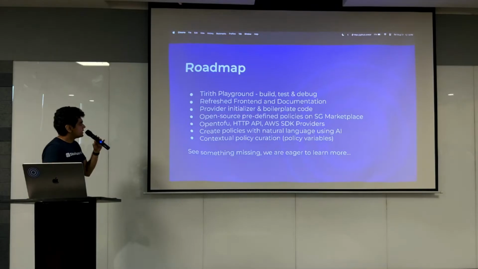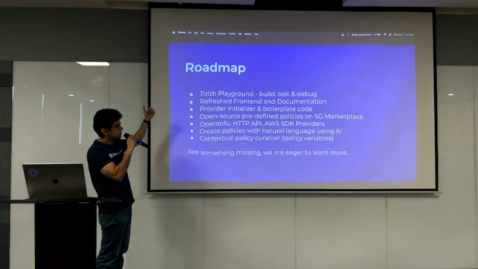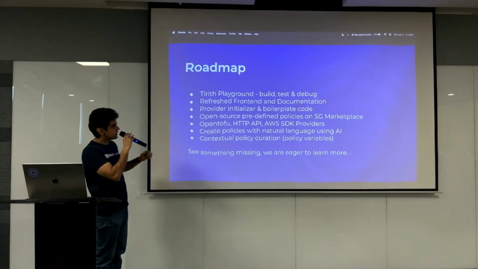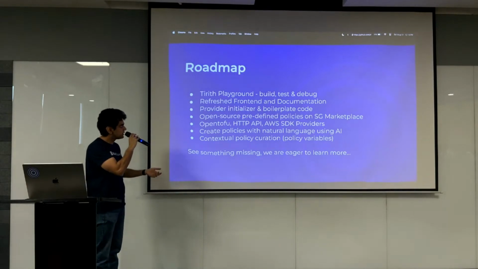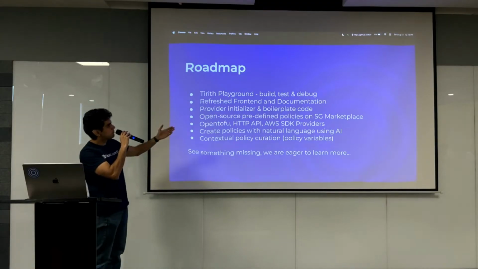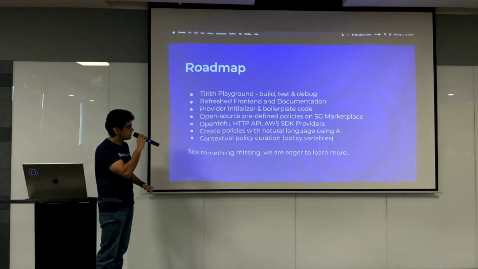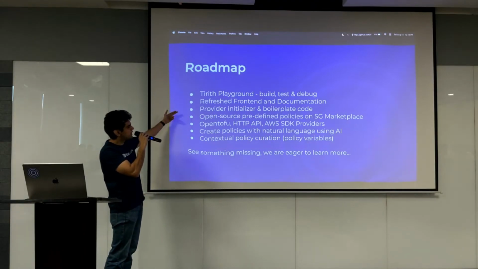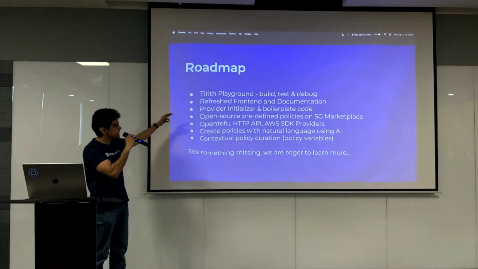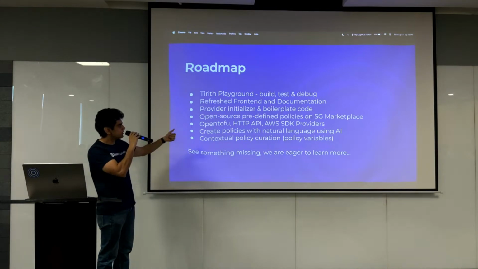Yeah. And this is the roadmap. Here is the playground. The first version is what I just showed you, where you can build the policy without writing anything. But we want to not just build, but test and debug on the playground as well. So we are working on that. We are currently in the process of refreshing the documentation and writing the boilerplate code for the provider.